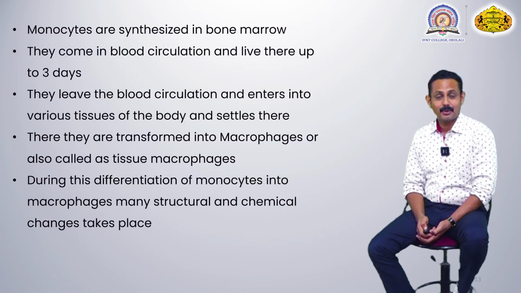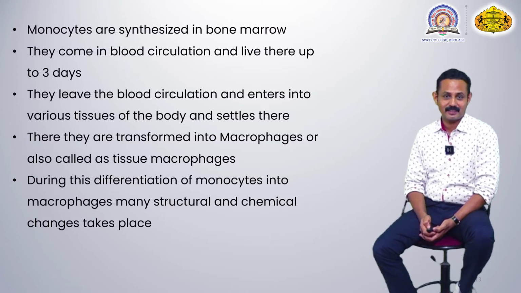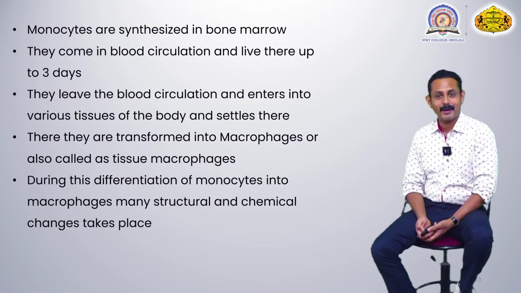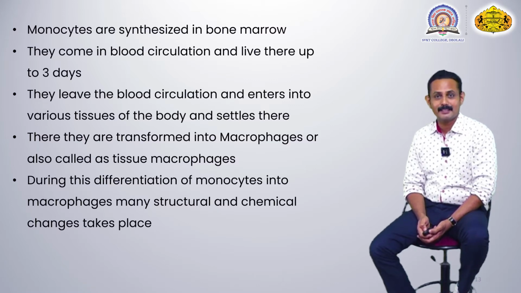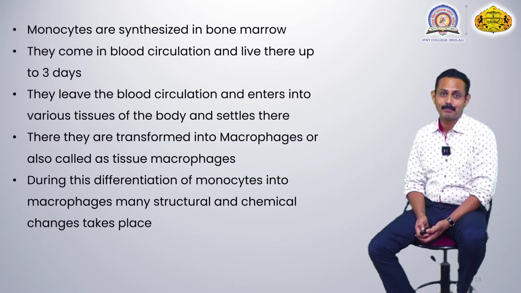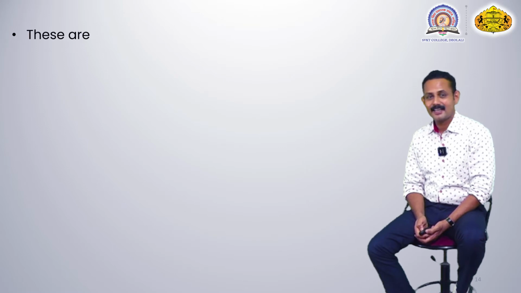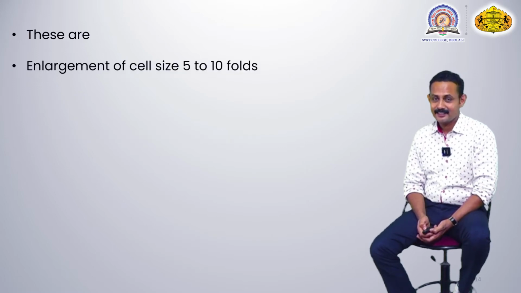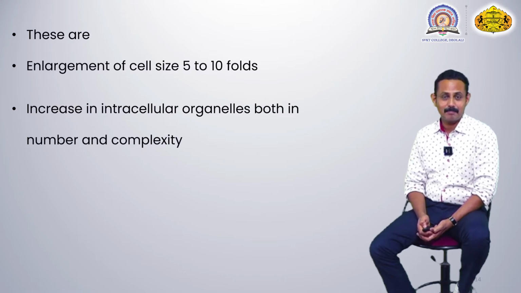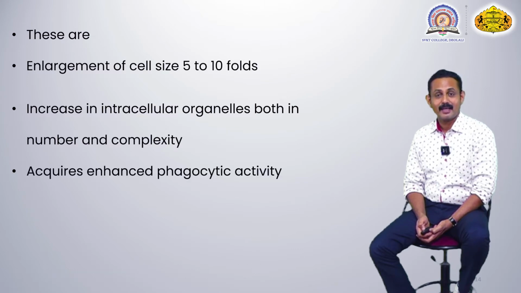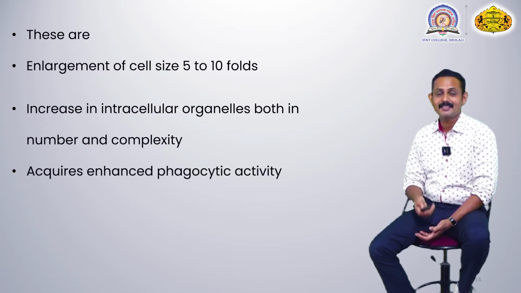But during such differentiation of monocyte into macrophage, a variety of structural as well as chemical changes take place. The size is enlarged 5 to 10 times. The intracellular organelle content increases in number and complexity. They get enhanced phagocytic activity.